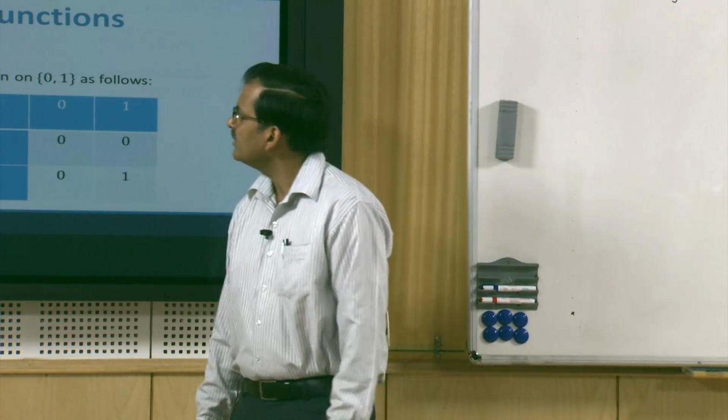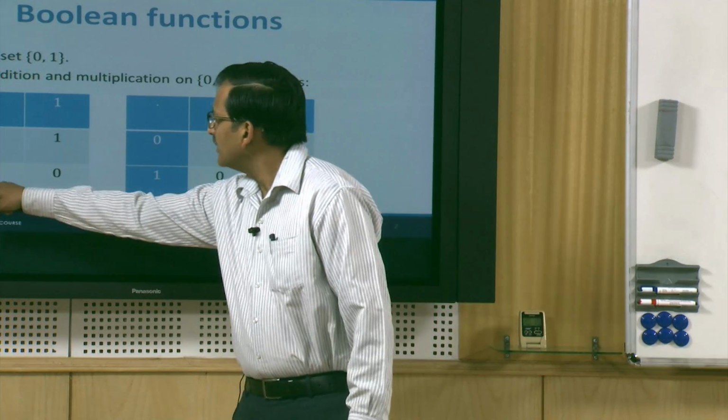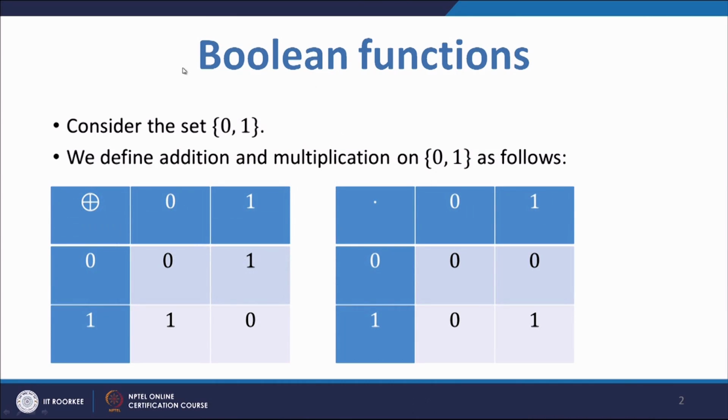The salient point of addition modulo 2, to recall again, is that 1 plus 1 gives me 0, and the salient point about multiplication is that 1 into 1 gives me 1 and the rest of the entries are zeros.